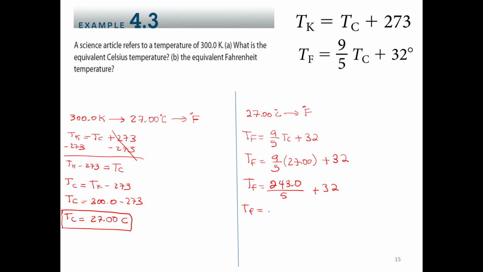Finally we have 80.6. This is in Fahrenheit.